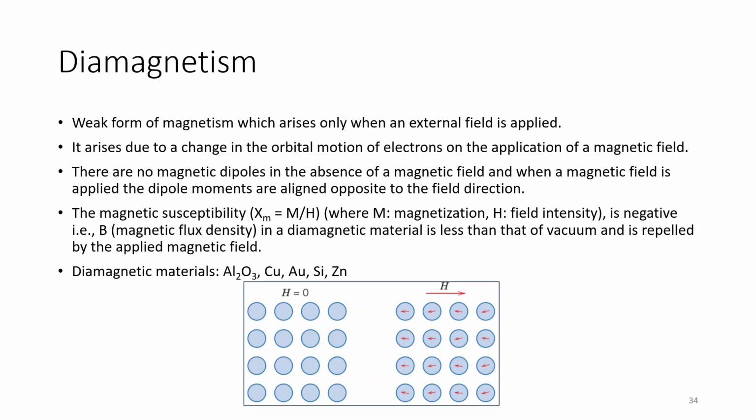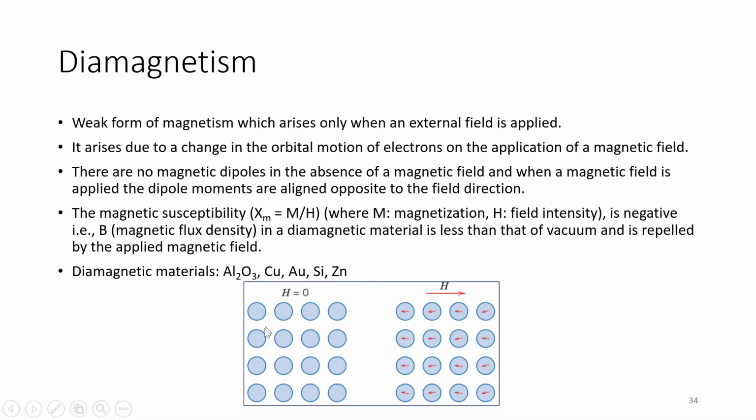The magnetic susceptibility chi m equals M upon H, where M is magnetization and H is the field intensity. It is negative, which means B, the magnetic flux density in a diamagnetic material, is less than that of vacuum, and the material is repelled by the applied magnetic field. Alumina, copper, gold, silicon and zinc are some examples.